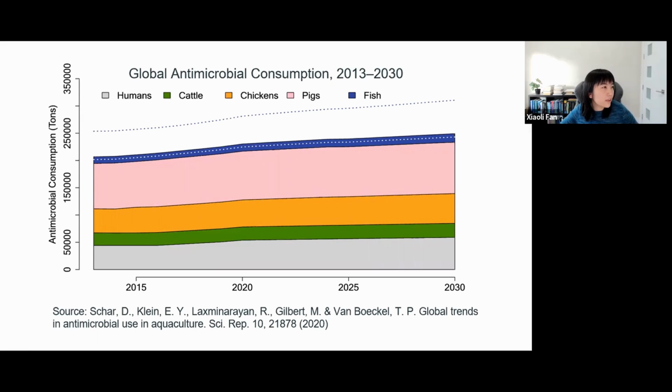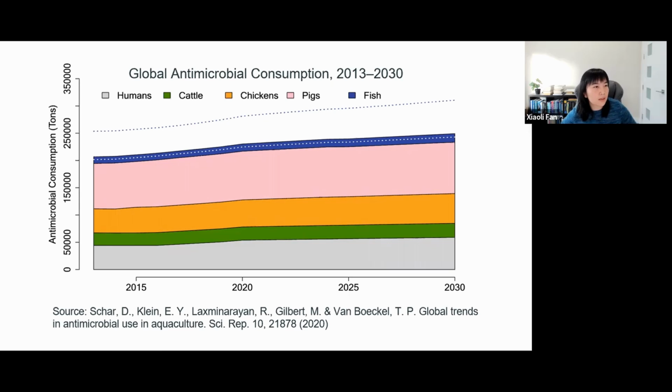I have a figure from Shar et al. 2020, with a rough estimate of global antimicrobial consumption. At the bottom is human consumption, and above that are cattle, chickens, pigs, and fish.